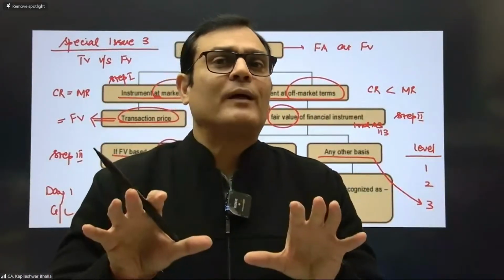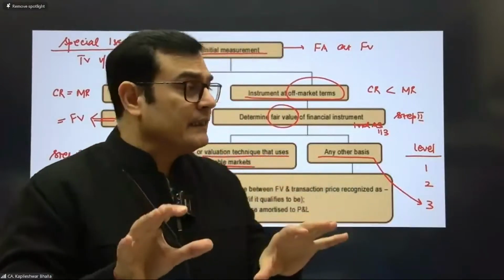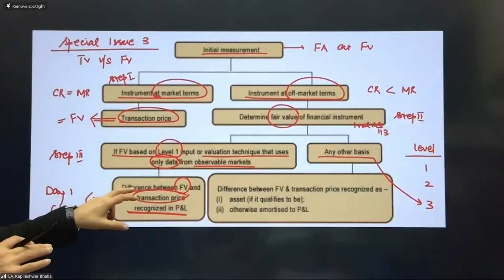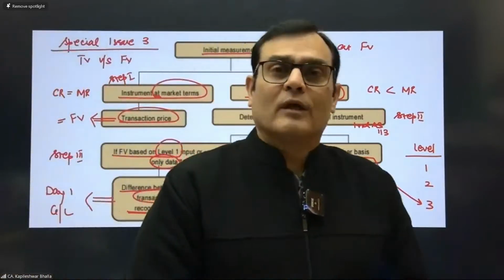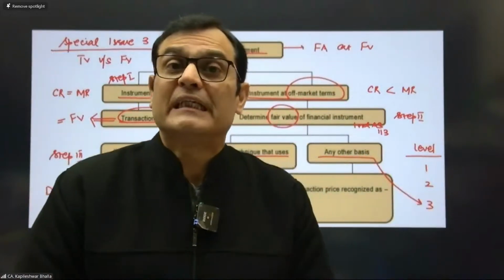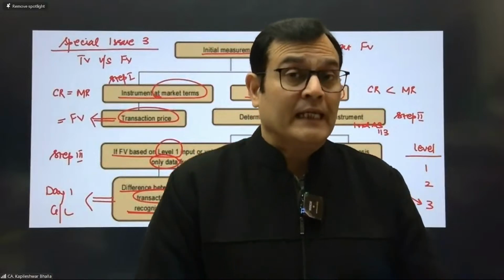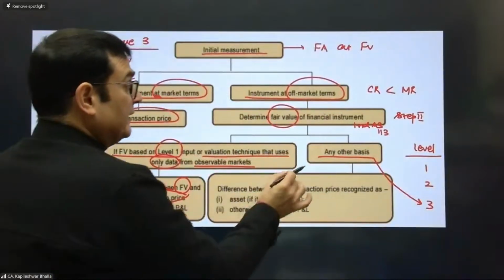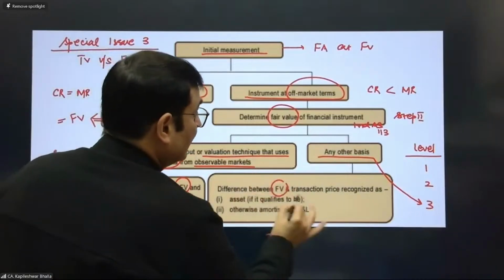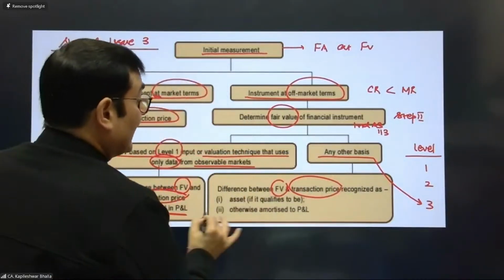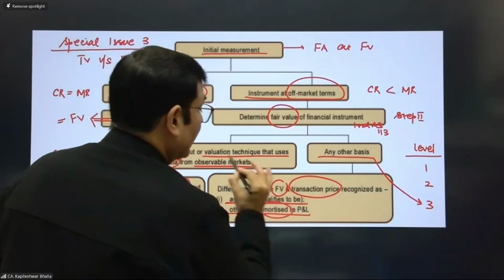That means if your fair value source of data is observable in nature, then in that particular case, you are going to park the entire difference in P&L immediately. Whatever is the gain or loss which arises on initial recognition is called a day 1 gain or loss. And it says if it is any other basis, which is unobservable data, the difference between the fair value and the transaction value is either taken as an asset if it qualifies to be one, or otherwise it is amortized to the P&L.